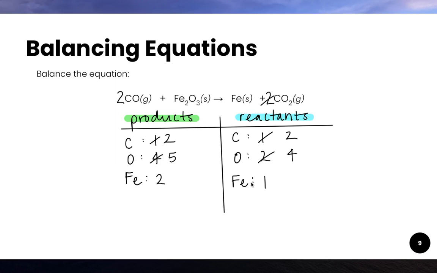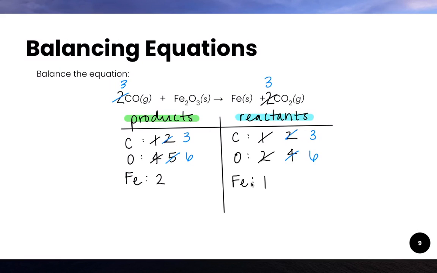So let's cross out 2 and add in a different color. Let's try 3 instead. So when we do that, it gives 3 carbons and 6 oxygen. Do the same over here. That gives 3 carbons, and then 3 plus 3, that gives 6 oxygen.